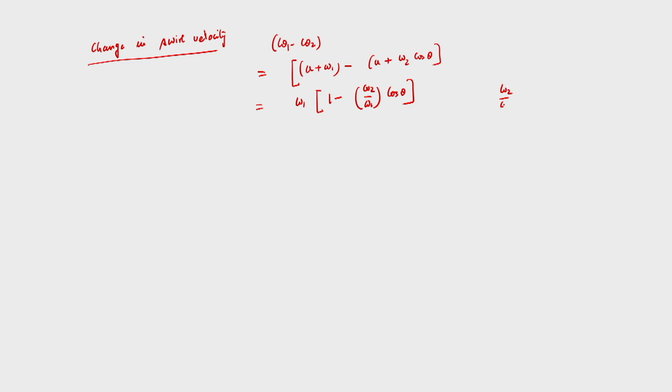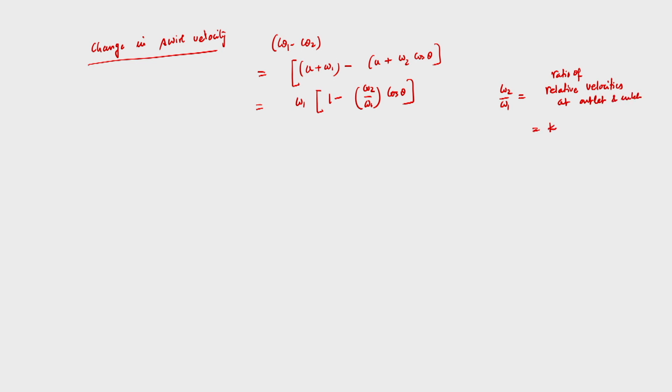Fine. This W2 by W1 is the ratio of relative velocities at outlet and inlet.